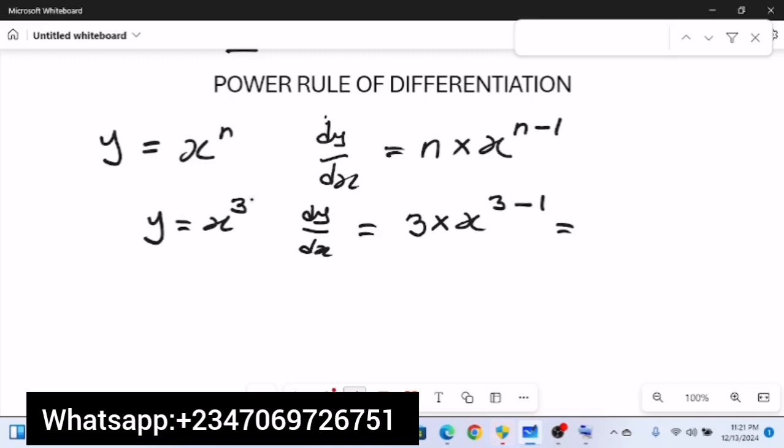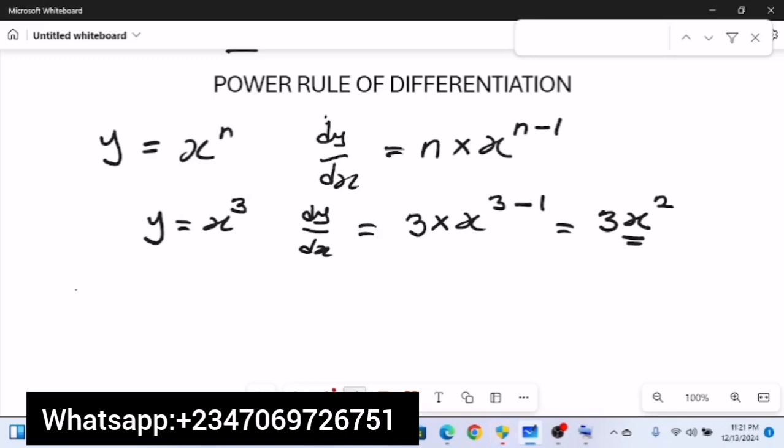So this is going to be equal to 3 times x to the power of 3 minus 1, that is simply 2. So if y is equal to x to the power of 3, then dy/dx simply gives us 3x squared.